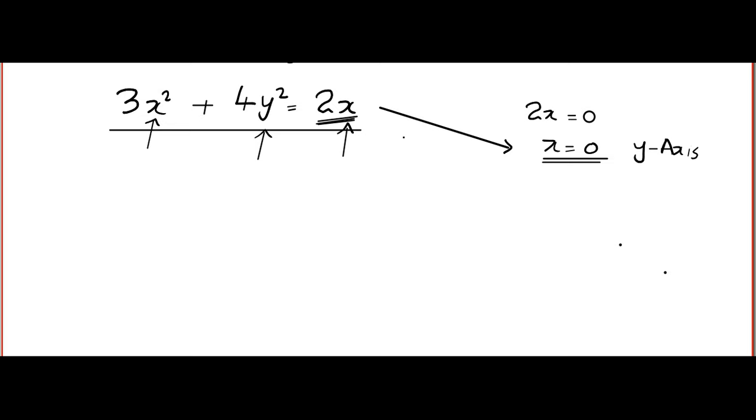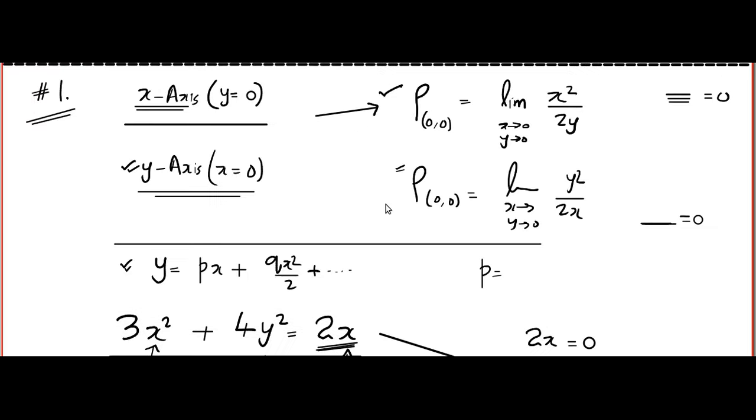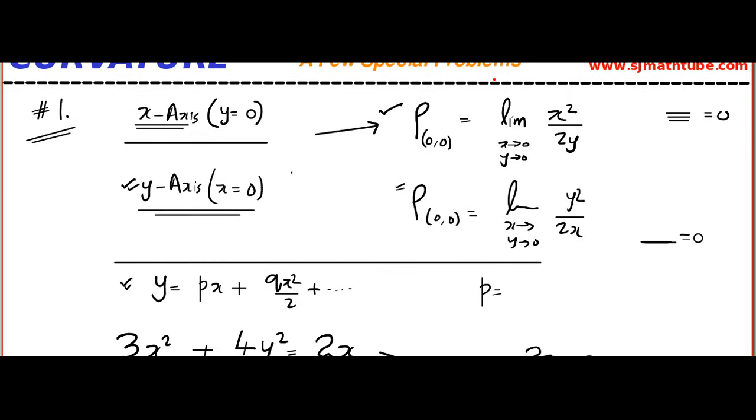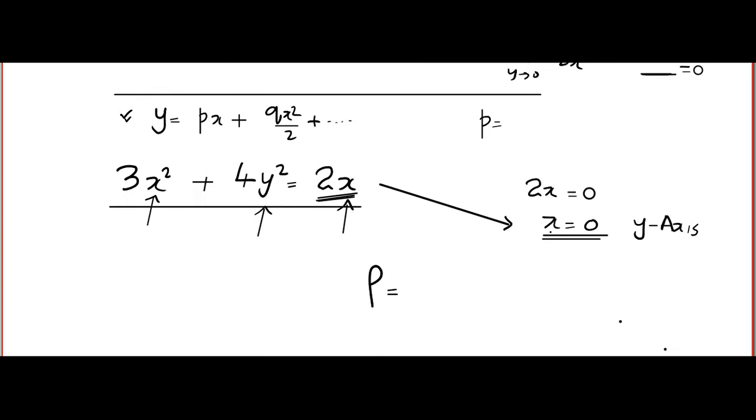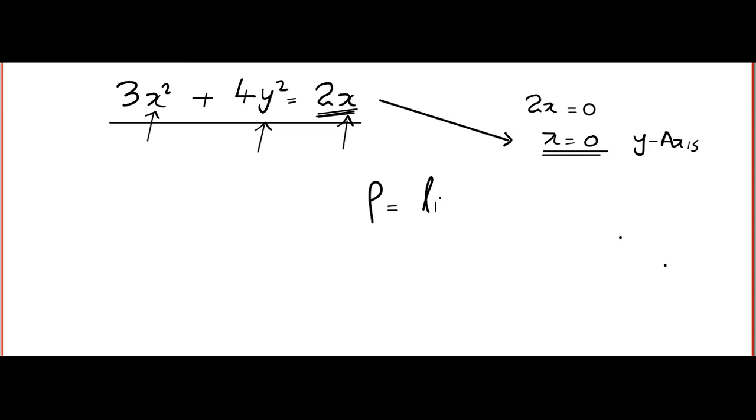So the radius of curvature is given by, look at this, you can check the formula once more. If the y-axis is the tangent, then the radius of curvature at the origin is given by limit x tends to 0, y tends to 0, y square by 2x. Now what we do is we create y square by 2x in this equation.